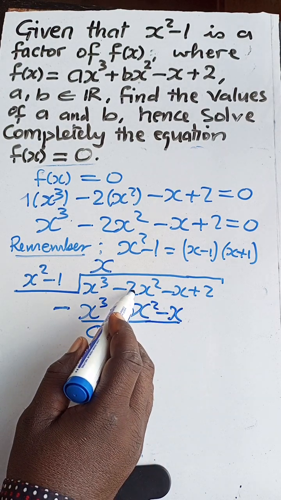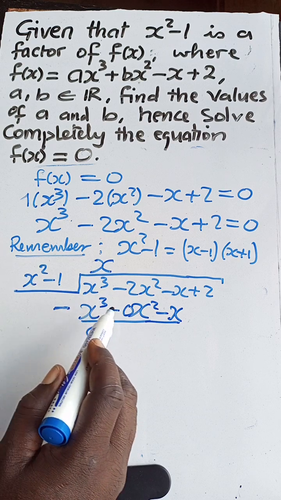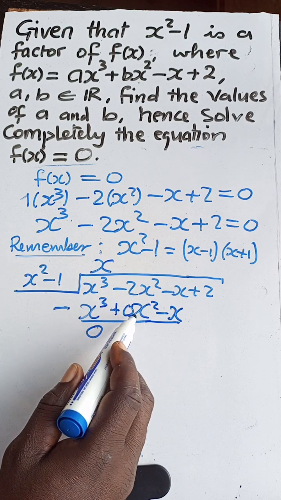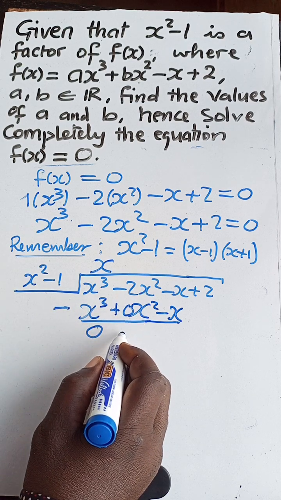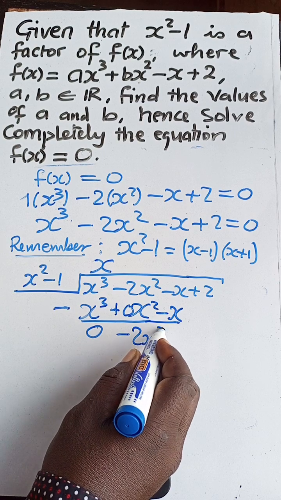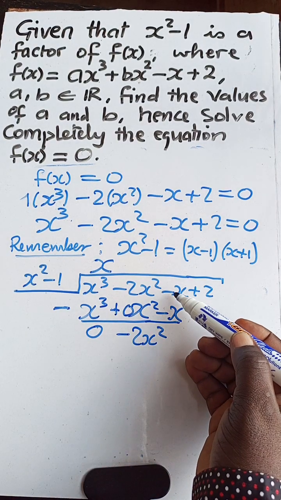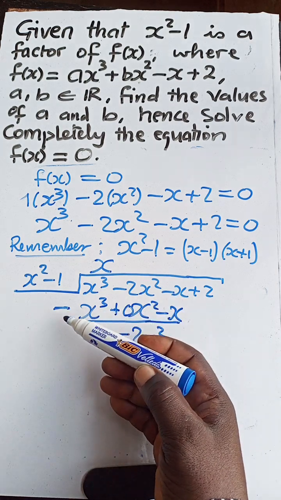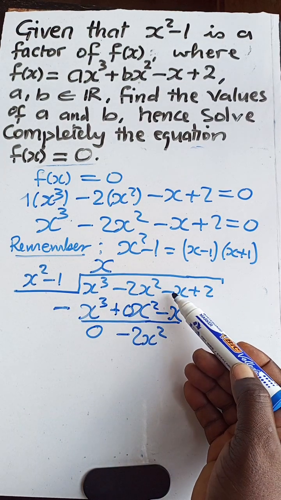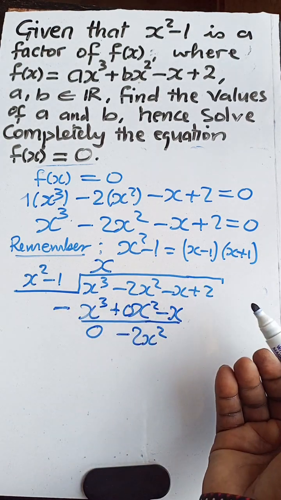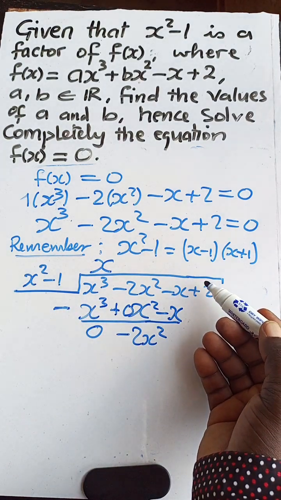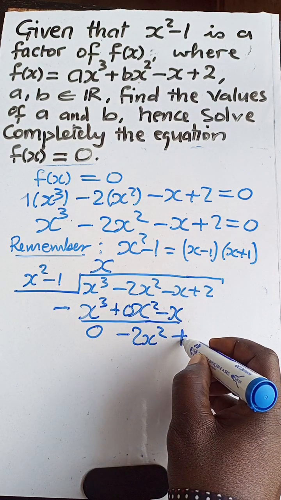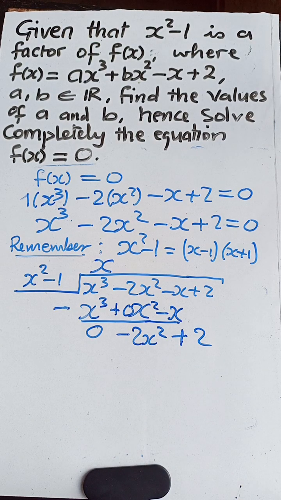So that we have -2x squared minus, or plus 0x. -2x squared minus x squared will just give us -2x squared. All right? So that we now have negative x minus x. This negative x minus x becomes negative x plus x, which is 0. All right? So since that gives us 0, we are forced to bring down these 2. So we have plus 2. We have plus 2. All right?